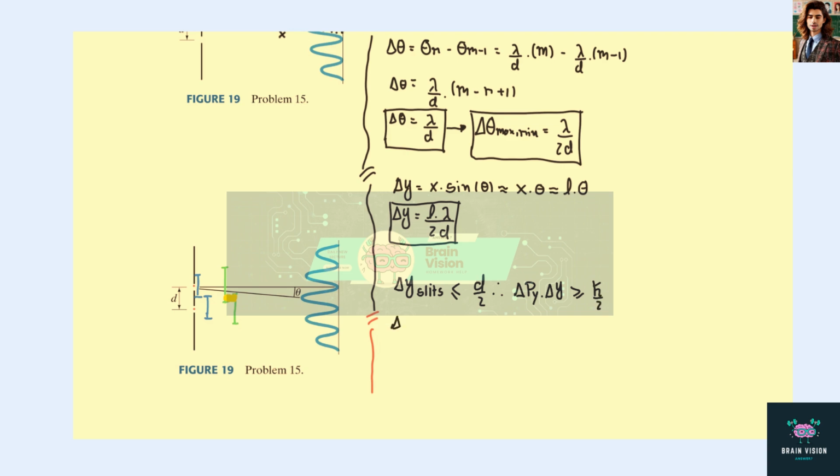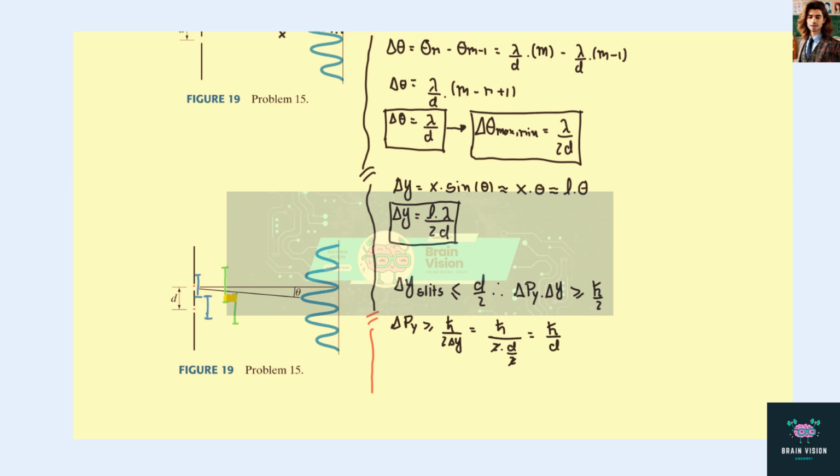This means that delta py must be bigger than or equal to h bar divided by 2 times delta y. And this must be bigger than or equal to h bar divided by 2 times d divided by 2. The 2 simplifies, so delta py must be bigger than or equal to h bar divided by d.